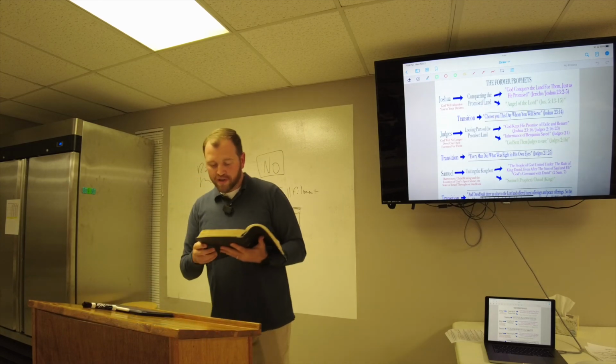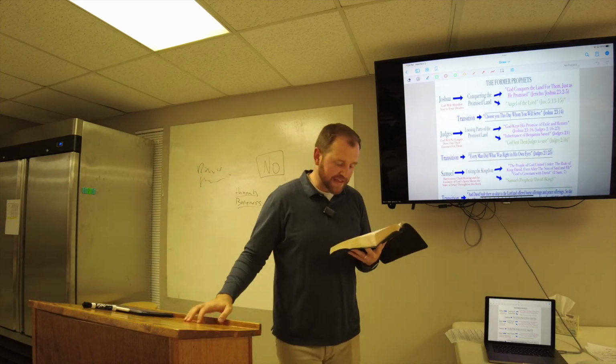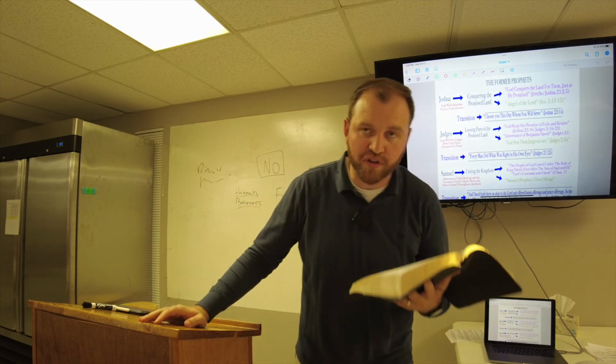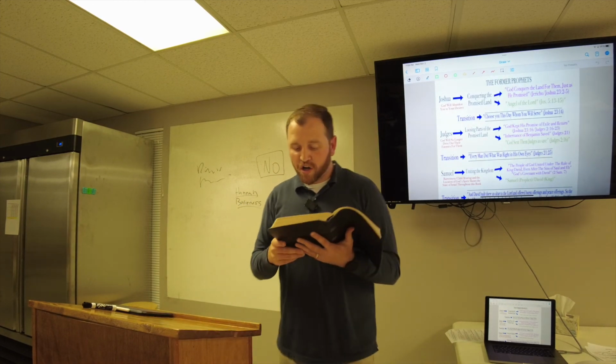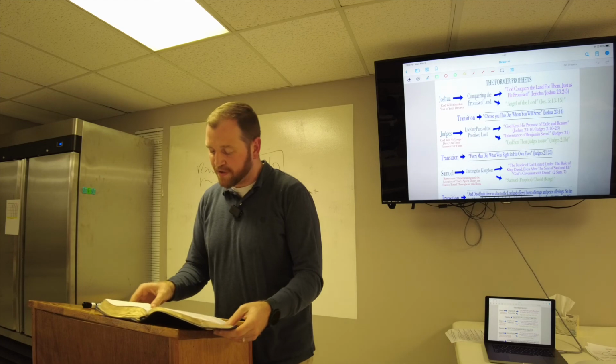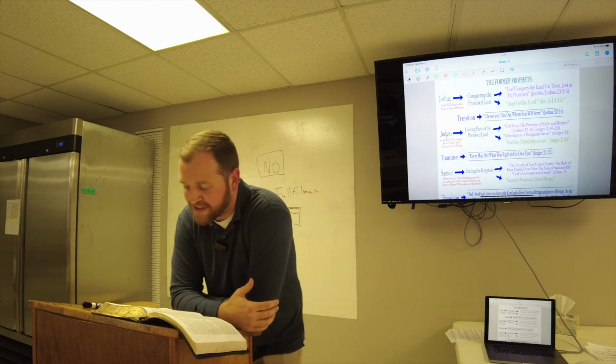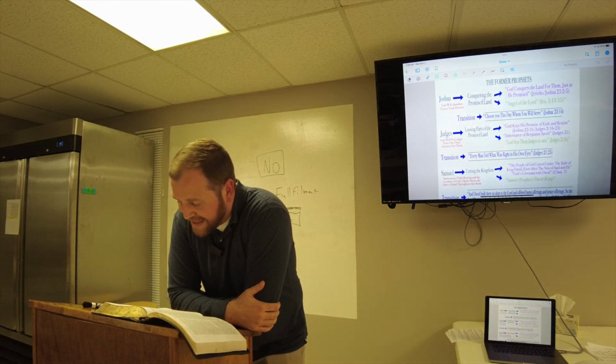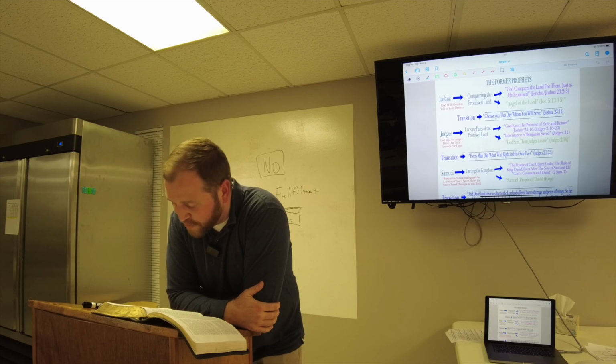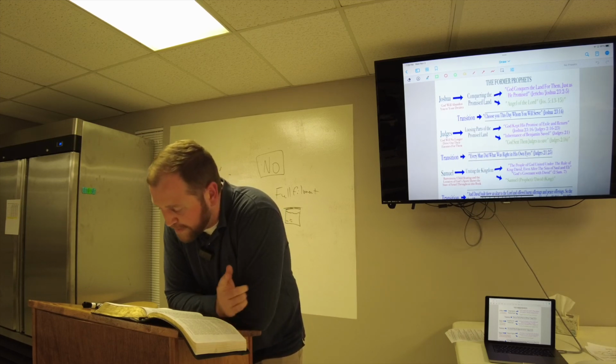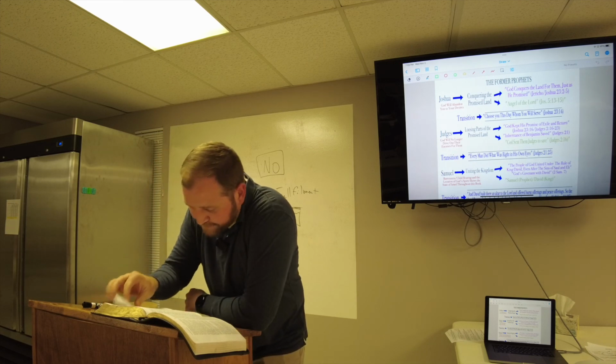"Samuel grew, and the Lord was with him. He let none of his words fall to the ground. And all of Israel from Dan to Beersheba knew that Samuel was established as a prophet of the Lord. And the Lord appeared again at Shiloh, for the Lord revealed himself to Samuel at Shiloh by the word of the Lord."